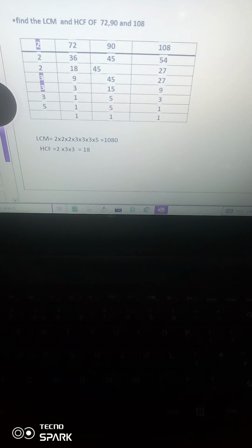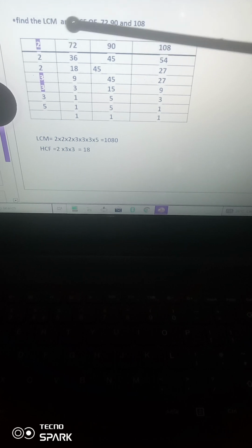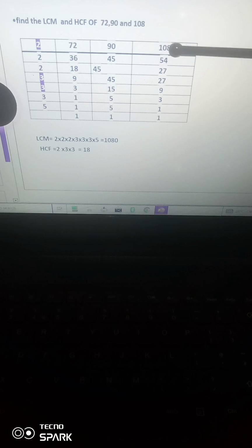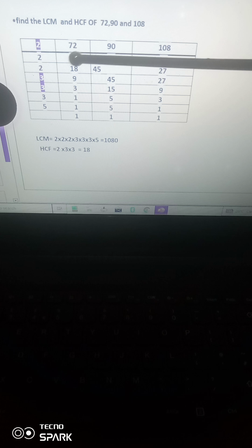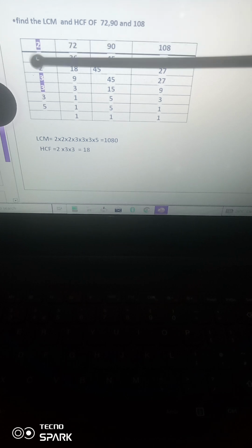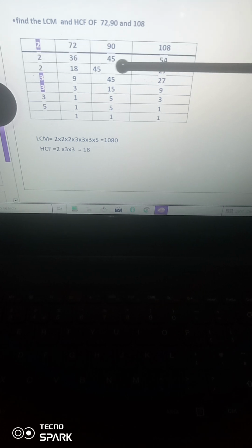And the highest common factor of 72, 90, and 108 is the prime number that divides all 3 at the same time without a remainder. To divide this one without a remainder, to divide 90 without a remainder, and to divide 108 without a remainder. So 2 is one of the ones we are going to pick. And here, 2 did not divide everything through.